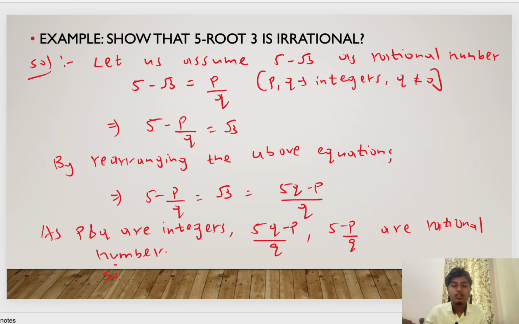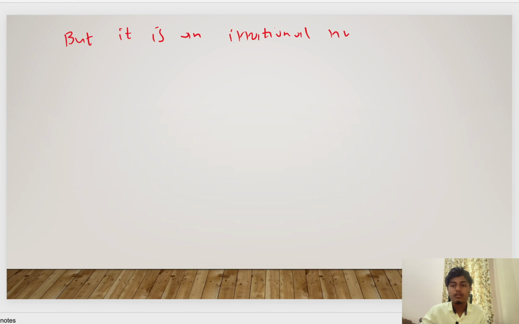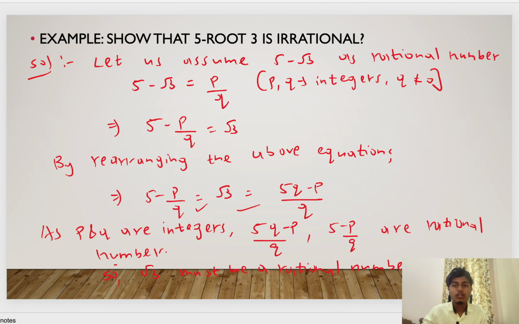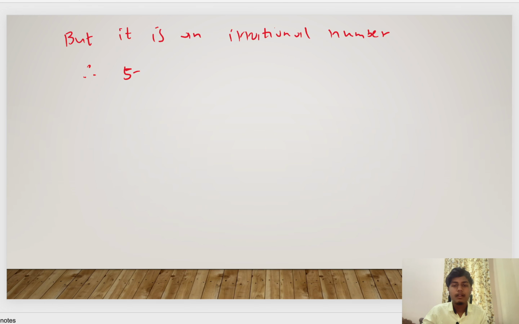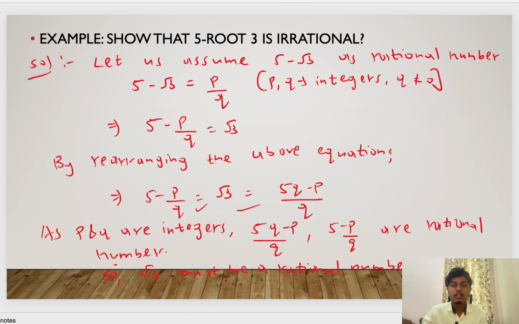So automatically root 3 must be a rational number, as there is an equality symbol in between the equation. But it is an irrational number, as we know. Therefore 5 minus root 3 is an irrational number. We proved this example by the contradiction method.